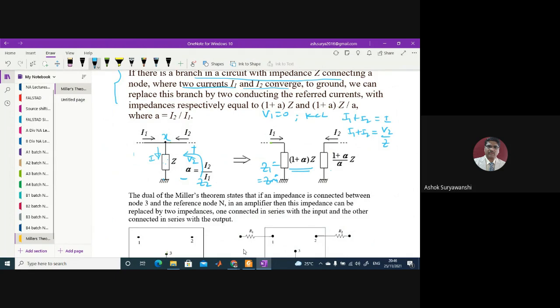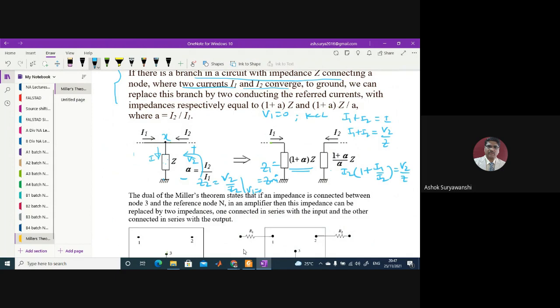After simplification, suppose I take I2 outside, because I want this Z2, which is nothing but V2 upon I2 when V1 is 0. So it is 1 plus I1 by I2 equals to V2 upon Z. Simplify for V2 by I2.